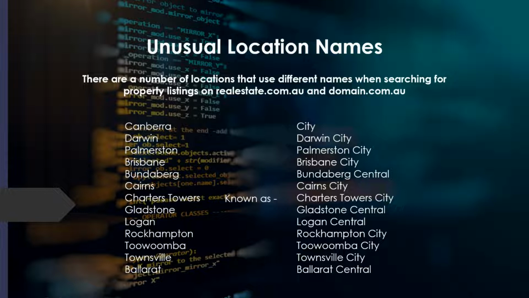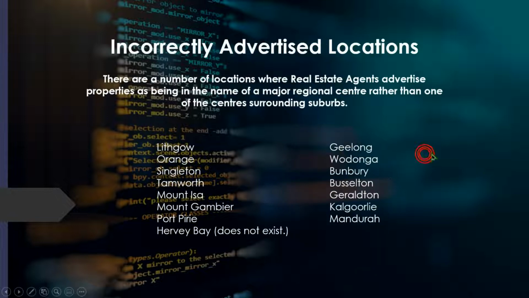The next issue is one of properties that are advertised incorrectly. There's a list of locations on your screen, and these are the main offenders. Real estate agents in these locations will generally advertise properties as being in this location rather than in a surrounding suburb.